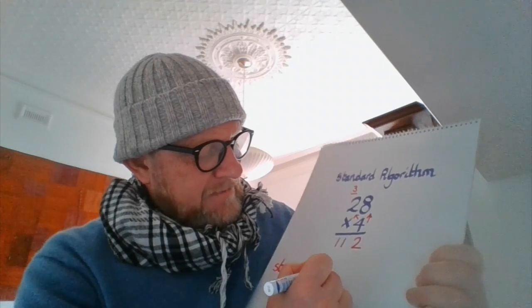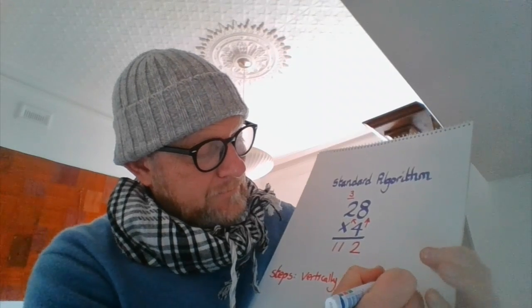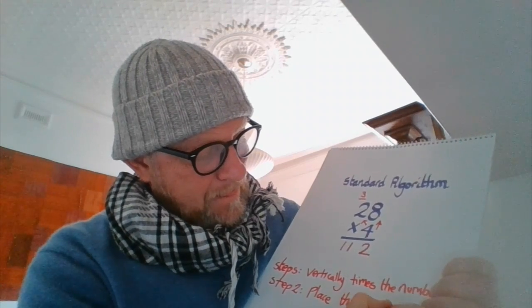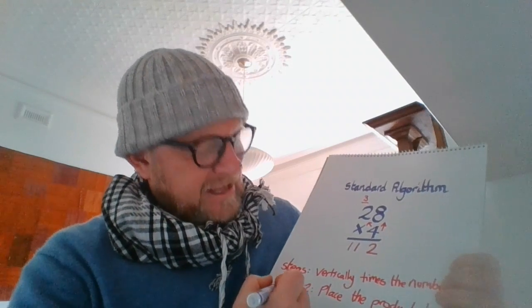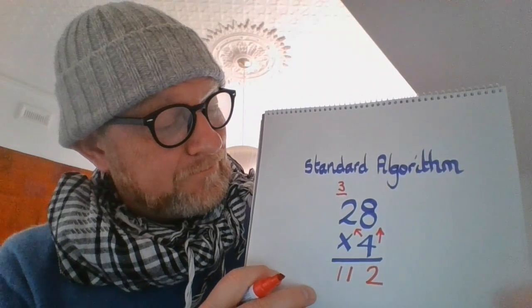Step 1, vertically times the number. Step 2, place the product or the answer below, making sure that you place the tens in the tens column.